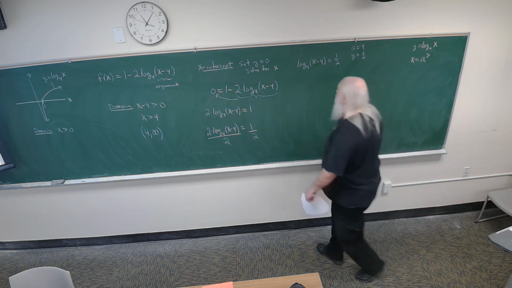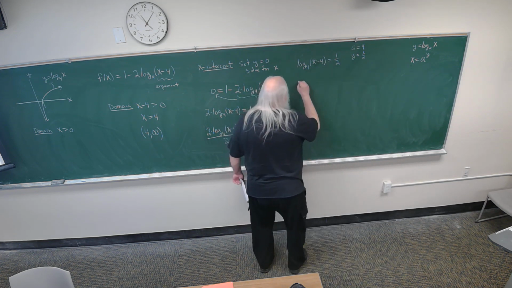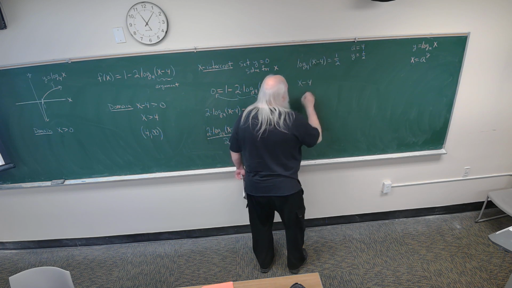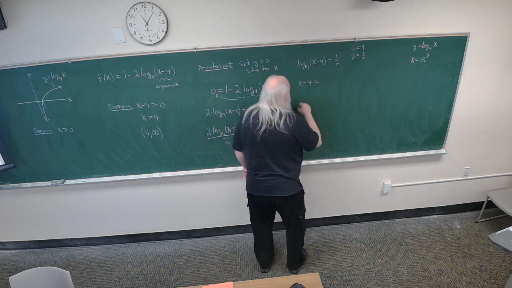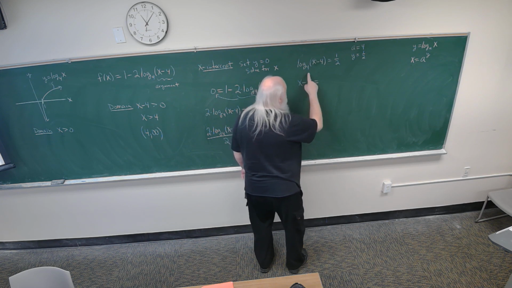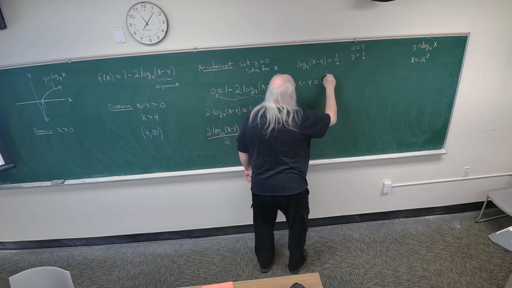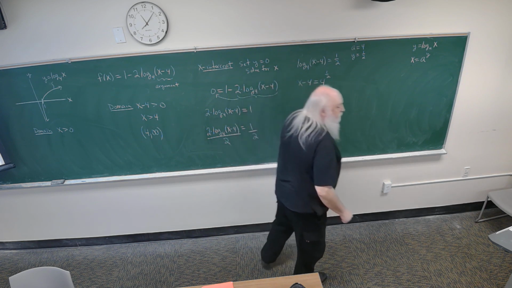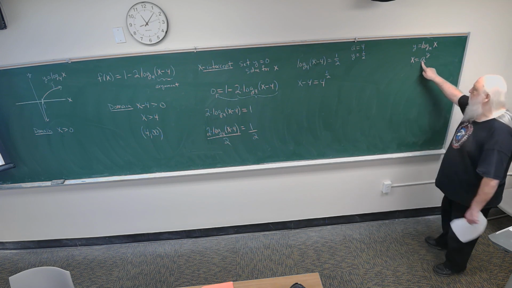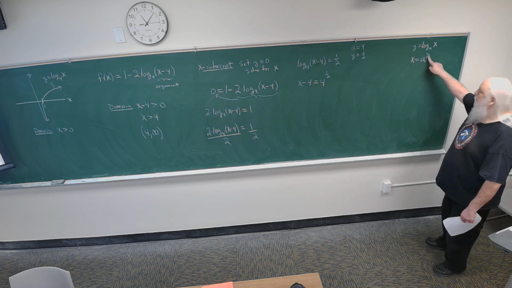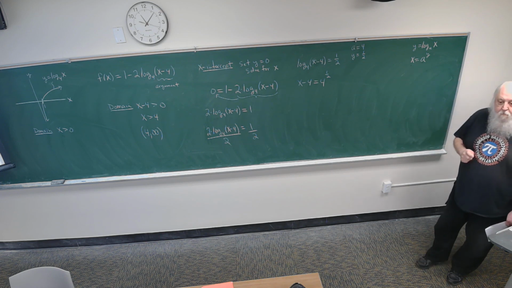So if we write the equivalent exponential statement, we have the argument or input x minus 4 is equal to the base 4 raised to the y power 1/2. Remember, the base a is equal to 4, and the exponent y is equal to 1/2.